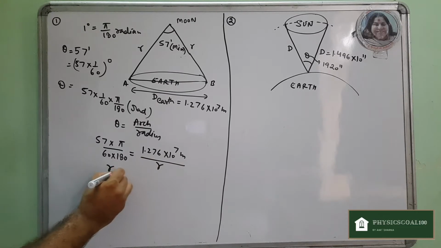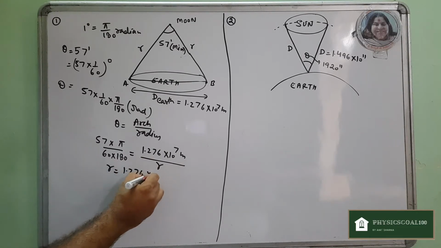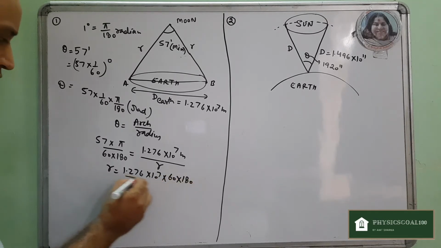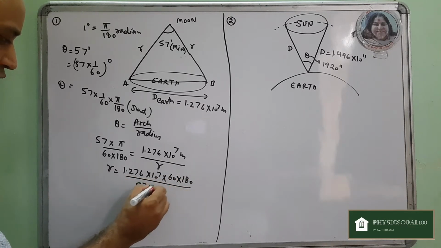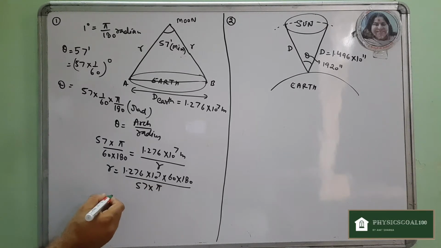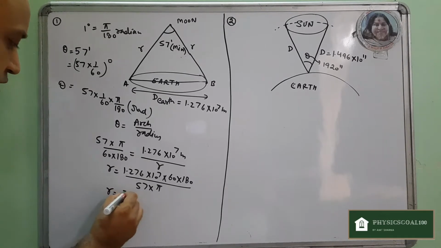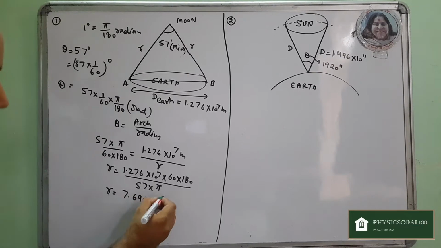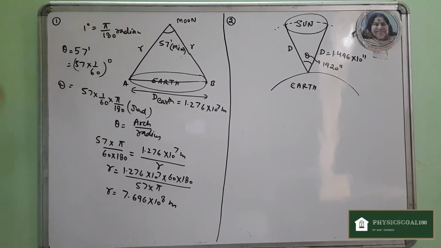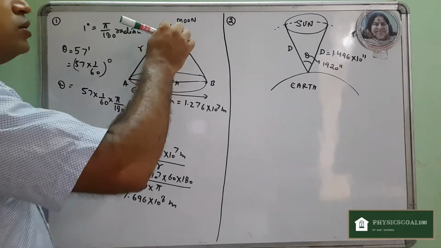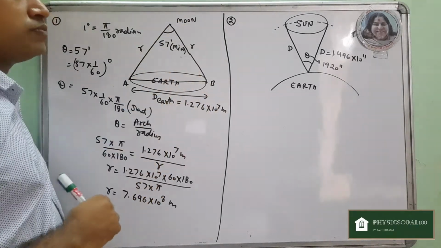Now this r is 1.276 into 10 की power 7 into 60 into 180 divided by 57 into pi. Pi is 3.14. Now if we solve this value, the distance comes out to be 7.696 into 10 की power 8 meter. So this is the average distance from the moon and the earth.